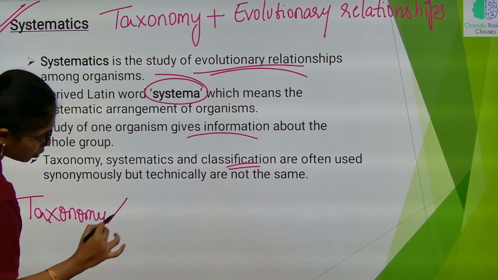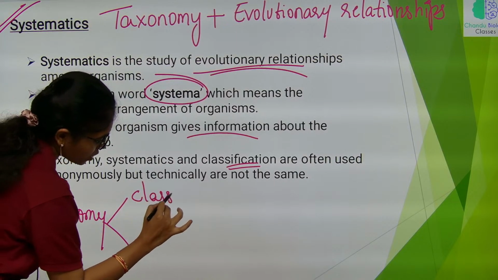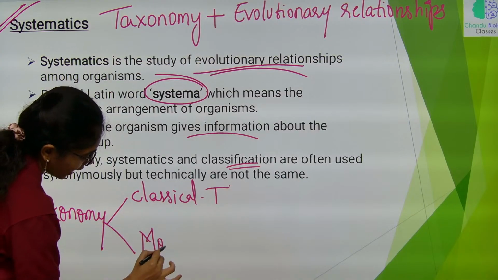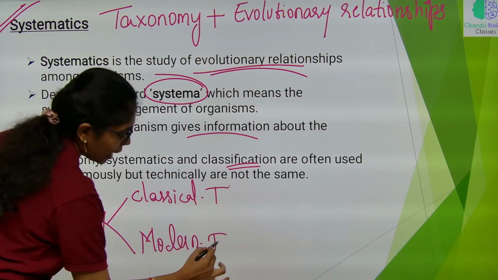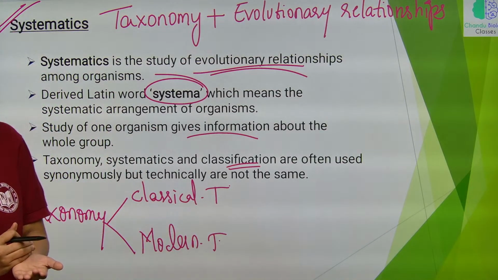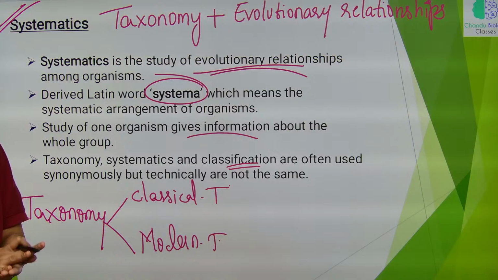In taxonomy, we have 2 types. One is classical taxonomy and the second type is modern taxonomy. In classical taxonomy, the grouping is placed only based on morphological characteristics.